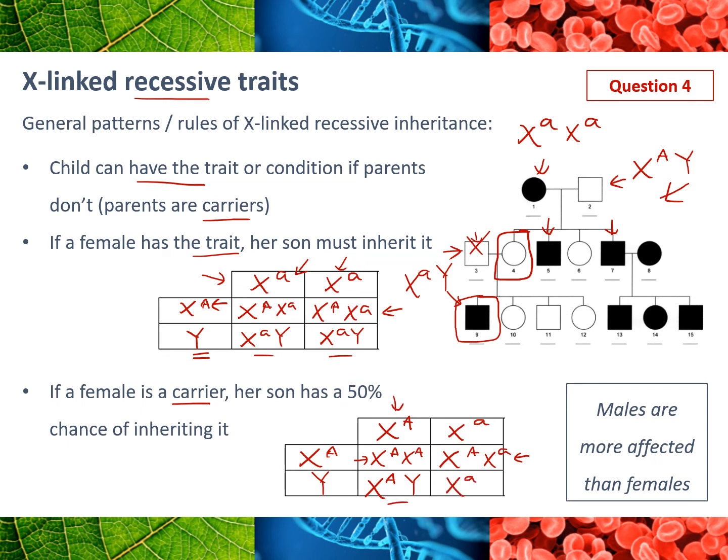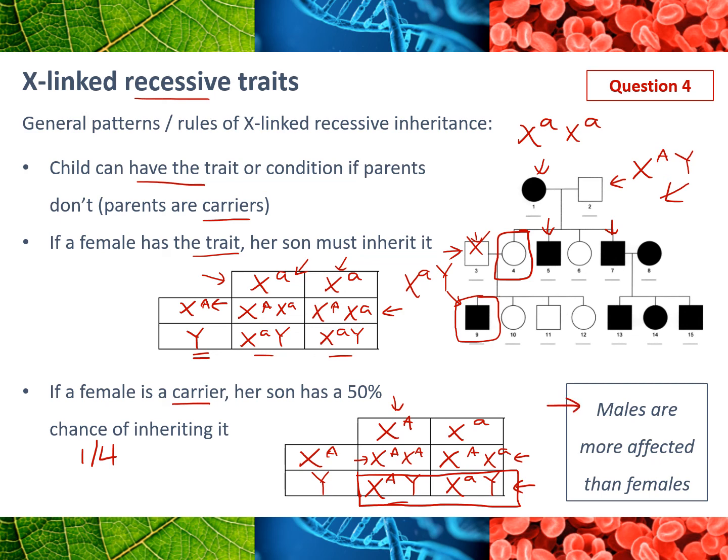But there's a 50% chance that she will pass on that recessive allele and her son would have the condition. So there's a 1 in 4 chance of having a boy that has the condition. But if we're just looking at her sons, we're just looking at this line. So there's a 50% chance, if we're just looking at sons, that they will have the condition.